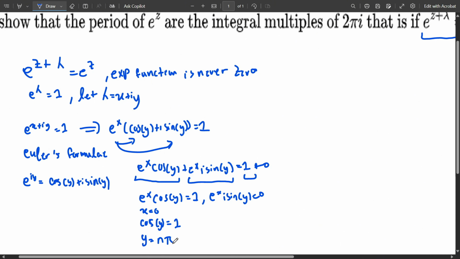And don't forget, in order for it to be a positive 1, n must be even. So here n must be 2 times k, where k is an integer.